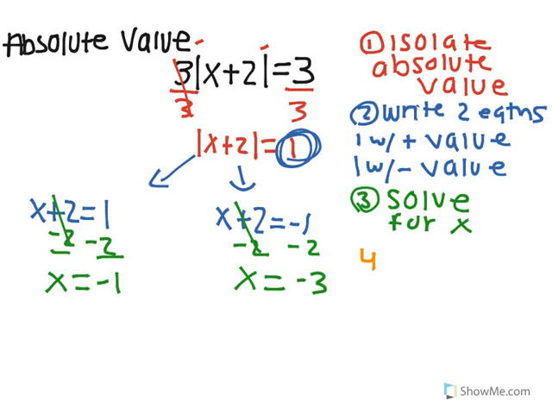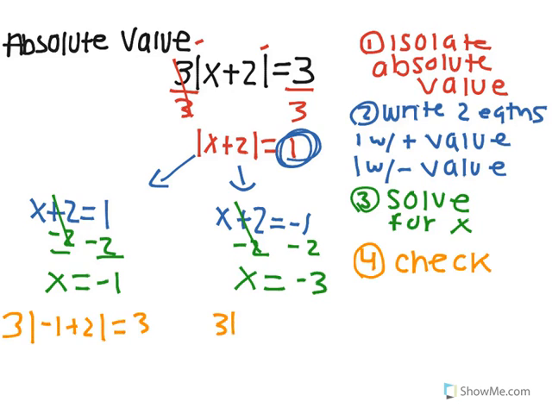Step 4 is to check. You do this by plugging each one back into the original equation. So 3, the absolute value of negative 1 plus 2 is equal to 3. And then 3, the absolute value of negative 3 plus 2 is equal to 3.